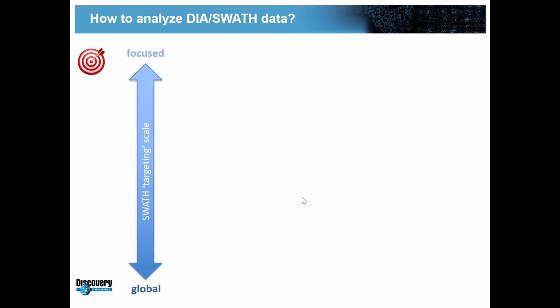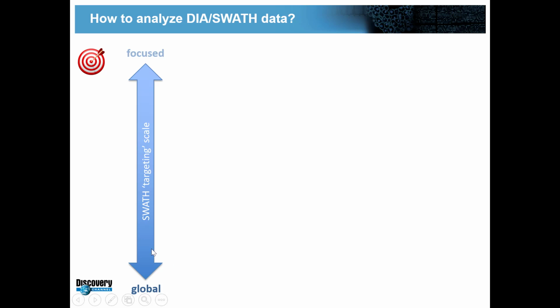What about Outlook? So now I'm coming to the end of the sort of section 1. You'll be happy to hear. So the one slightly philosophical question is how to analyze this DIA or SWATH data. We can either do this in a very focused way where we extract limited sets of peptides for just things that we're interested in terms of the biological question, or we can try to extract everything.